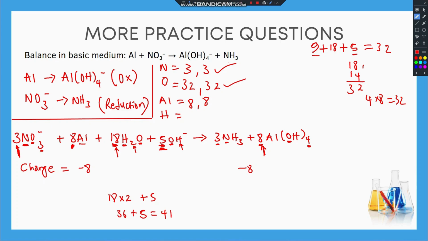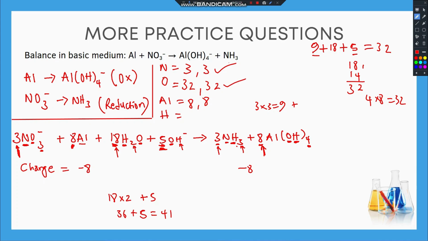41. How many atoms of hydrogen do we have on the right hand side now? We have hydrogen over here. Hydrogen has a subscript of 3 and a coefficient of 3. So that becomes 3 times 3, which is equal to 9 plus, over here we also have hydrogen. You can see hydrogen is over here.